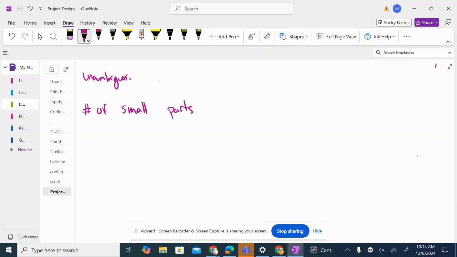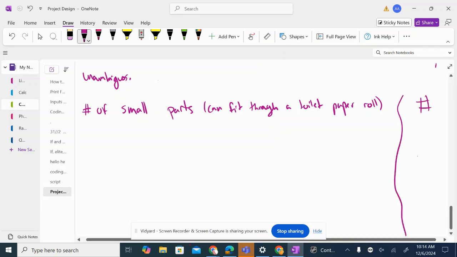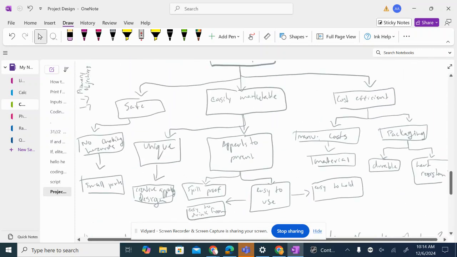But over here we have to specify, for example, smaller than, or a general rule of thumb that parents use is can fit through a toilet paper roll. That will provide us with a numerical value because everybody will be able to count the same amount of things.